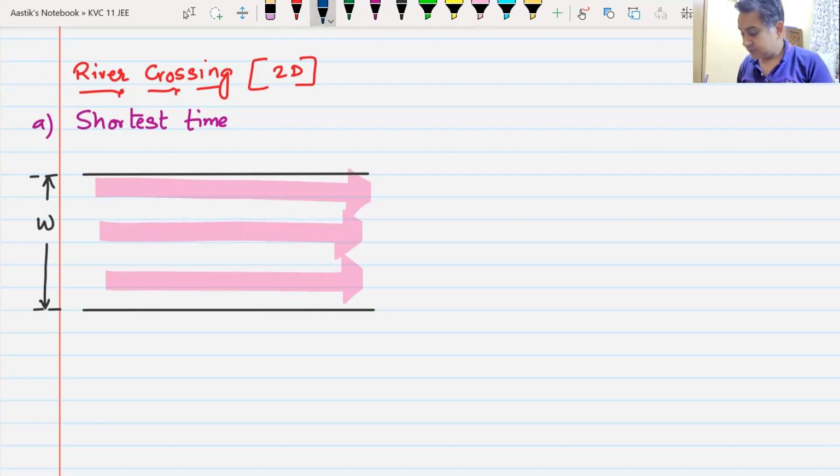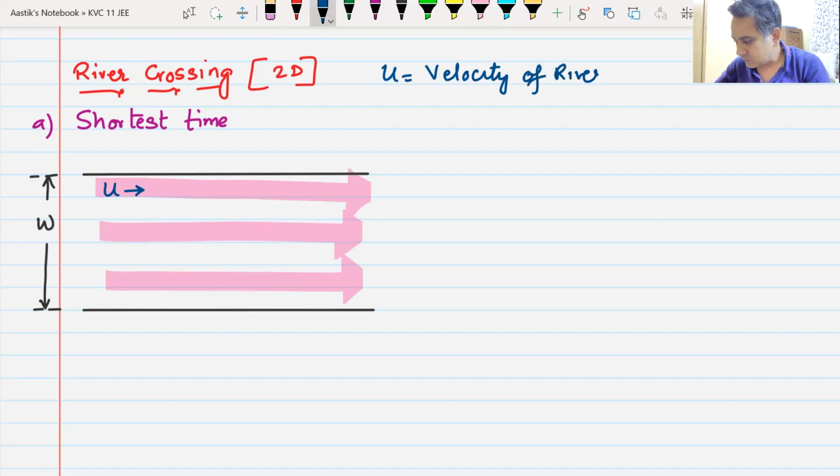And again, the velocity of river flow, as you can see, the river is flowing like this. The velocity of river flow is given to you. Remember this U? This U is the velocity of river, with respect to what?